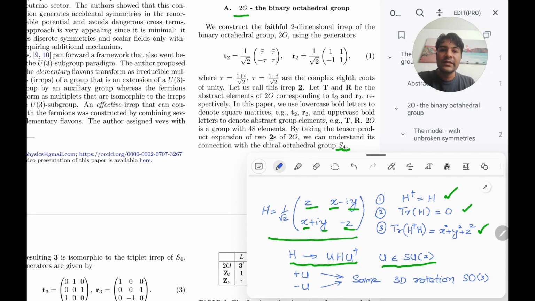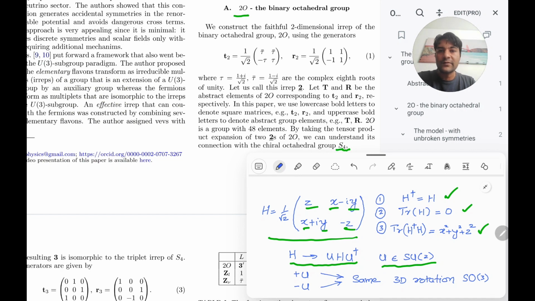Now these are the continuous groups SU2 and SO3. We are interested in finite groups. So for that, think about the discretization of the sphere, because the sphere corresponds to the group SO3. When we discretize a sphere, we obtain the platonic solids.